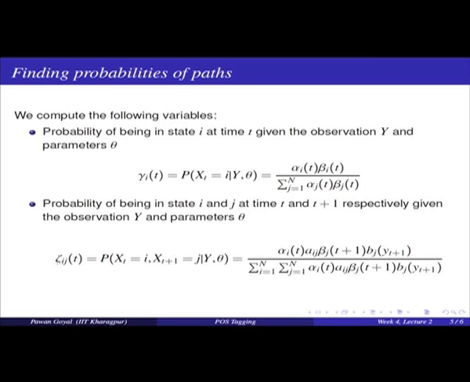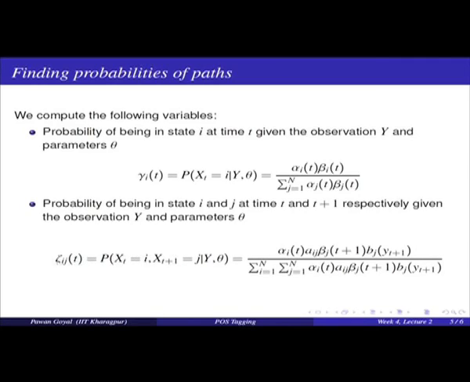So gamma it is written in terms of multiplication of alpha it and beta it, divided by the summation over all possible j of alpha jt and beta jt. So now, how do we actually come up with this equation of gamma it and zeta ijt? Let us look at it.